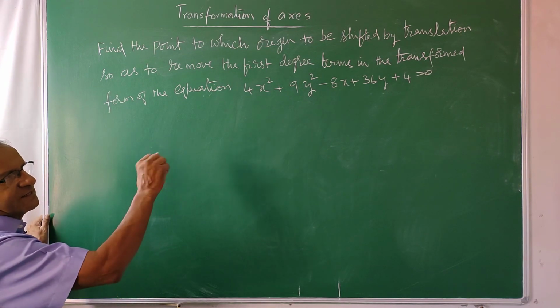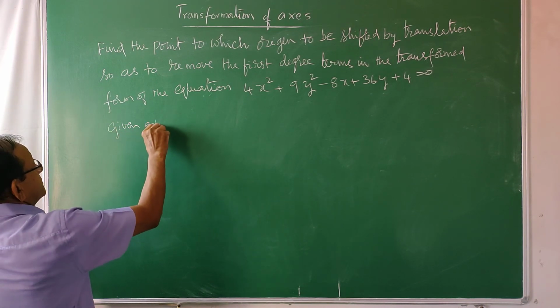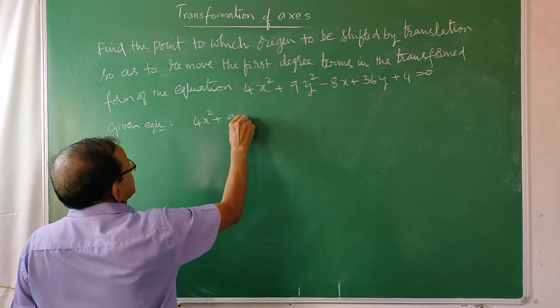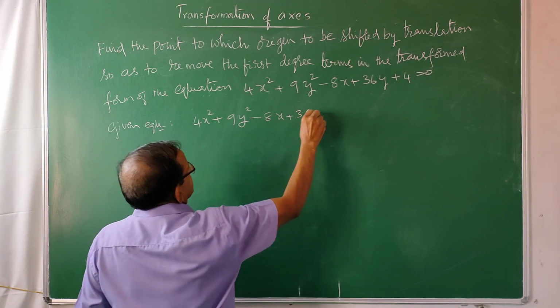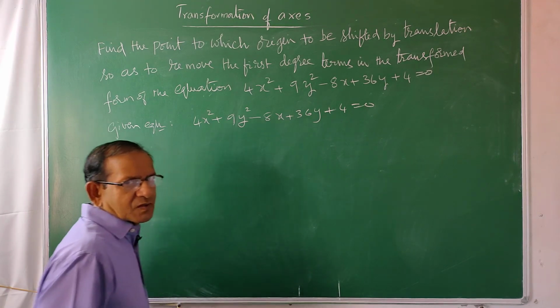First of all, let us write the given equation. What is the given equation? 4x square plus 9y square minus 8x plus 36y plus 4 is equal to 0.